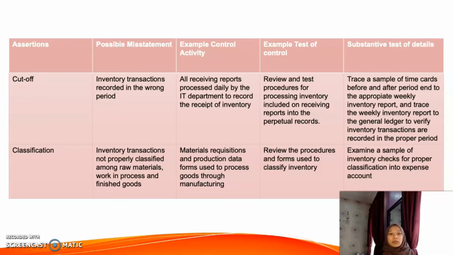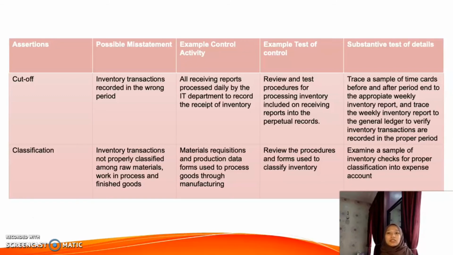The possible misstatement is inventory transaction recorded in the wrong period, and the example control activity is all receiving reports processed daily by the IT department to record the receipt of inventory. And the test of control is by reviewing and testing procedure for processing inventory included on receiving reports into the perpetual records.